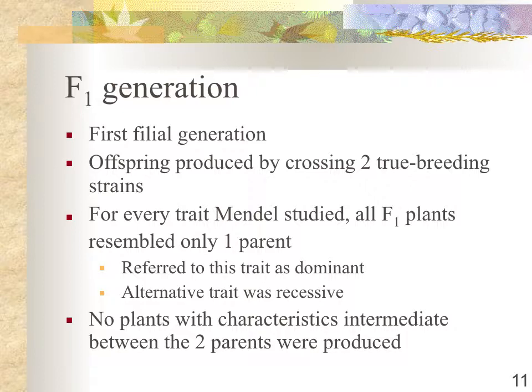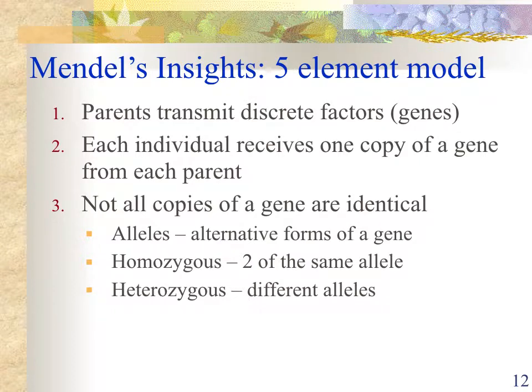And from this, we come up with these models of inheritance: that the alleles are discrete. The inherited factor is discrete. We now call them genes. And each individual receives one copy, or one allele, from each parent. And so for every trait, each individual has 2 alleles, or 2 genetic factors.